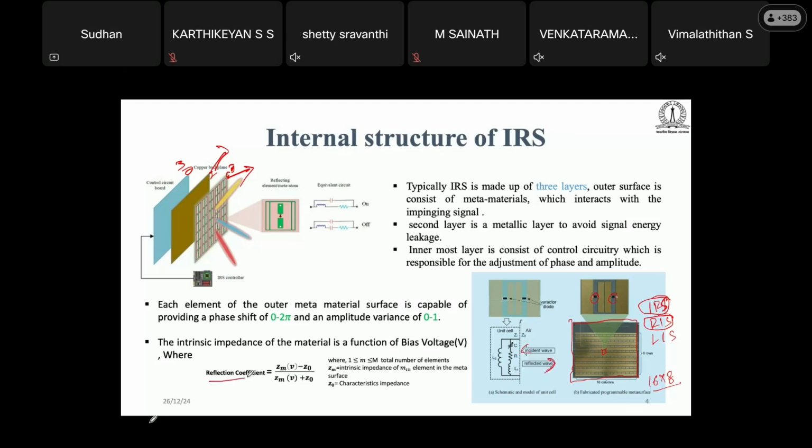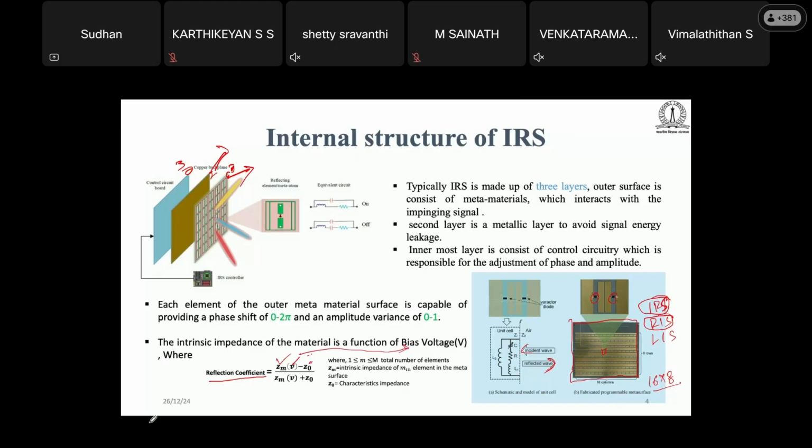The reflection coefficient is equal to this equation. This is called the intrinsic impedance of the mth element when the bias voltage is V. This is the bias voltage V, and this is the characteristic impedance.